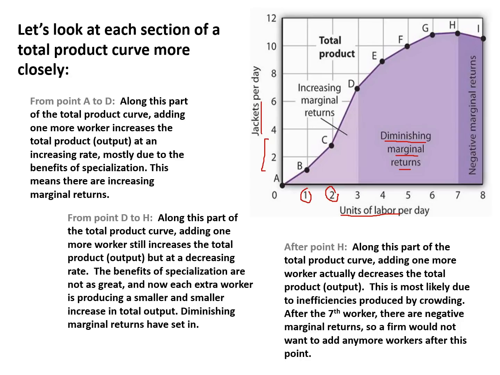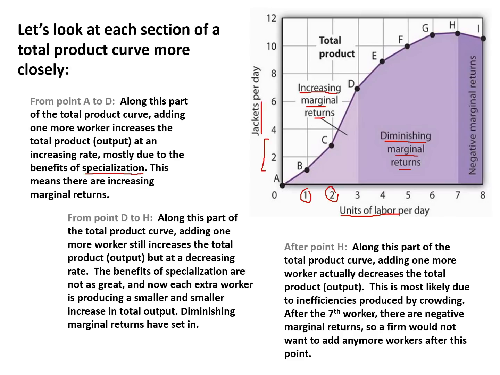This can be because of advantages due to specialization, for example. So you can get several different workers to work along an assembly line and get the production done more efficiently. That's what we're getting in the initial part of this curve. So we describe that as increasing marginal returns.